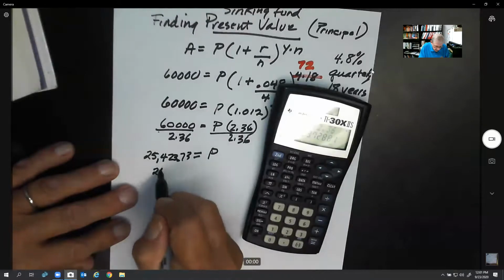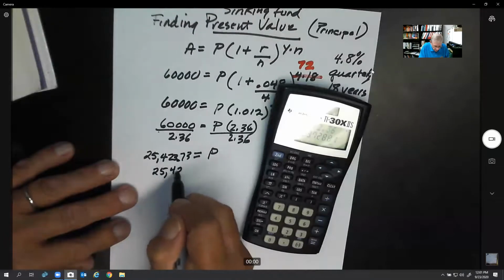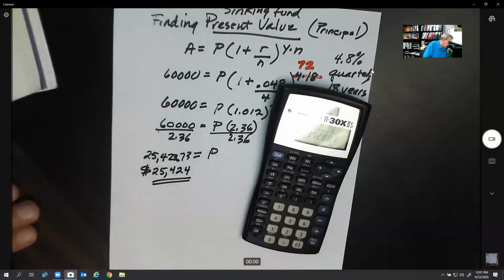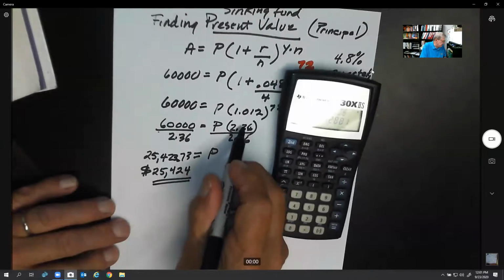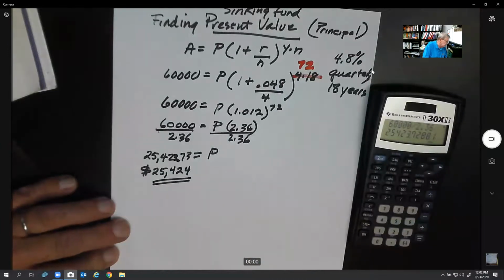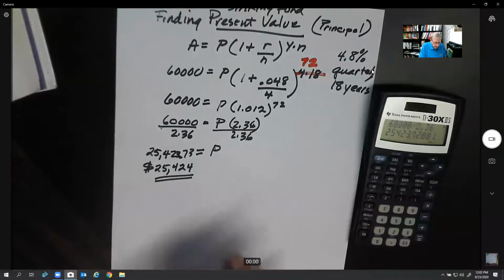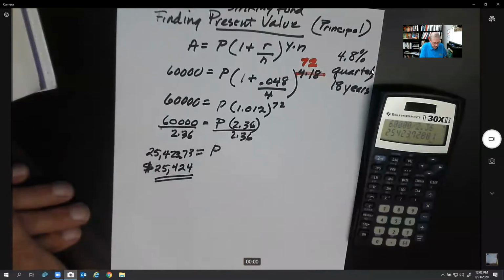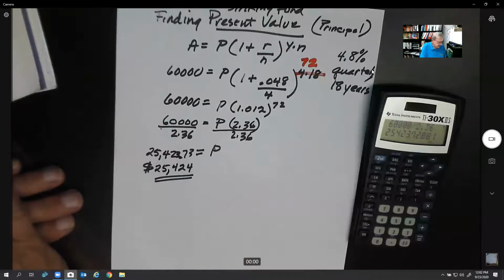Call it $25,424. You got to start out with. You have that in your bank account? Now, the book came out with a slightly different answer. Again, that might be because they carried this out substantially further than what I did. But roughly about $25,400 is what you're going to have to start out with to get that kind of money back.